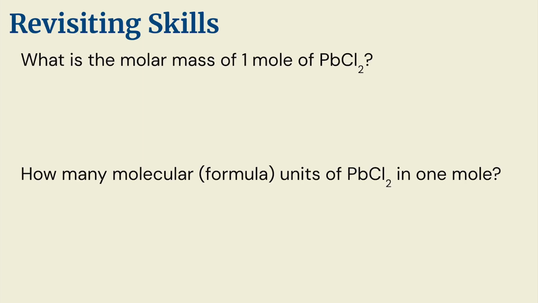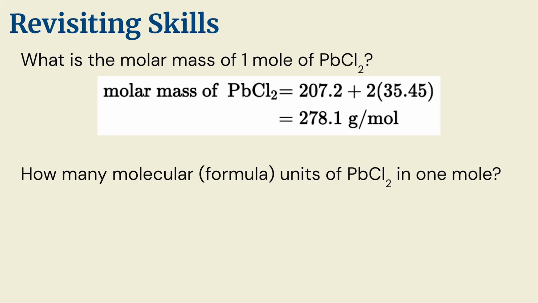And so the molar mass of 1 mole is the lead, 207.2, plus 2 times 35.5 for the chlorine, which gives us a total of 278.1 grams per mole. Now, how many formula units of PbCl2 are in 1 mole?